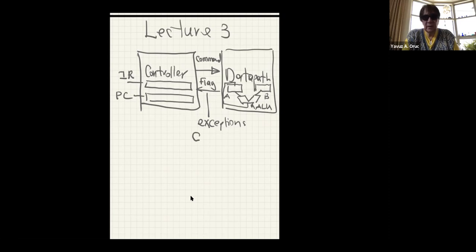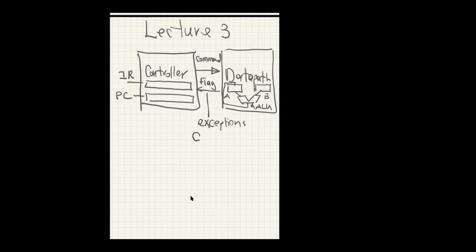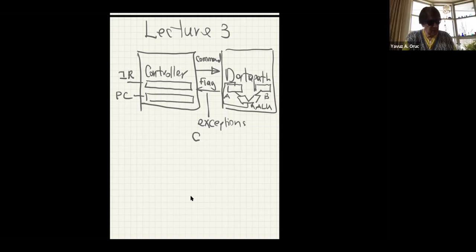Now, flags will simply indicate what values we get inside these registers. There's only A and B here, but we only check A. So there is what's called a carry flag. It's not so much an exception as an indication of something happening. If a carry generates out of a computation, that means you have exceeded your representation.